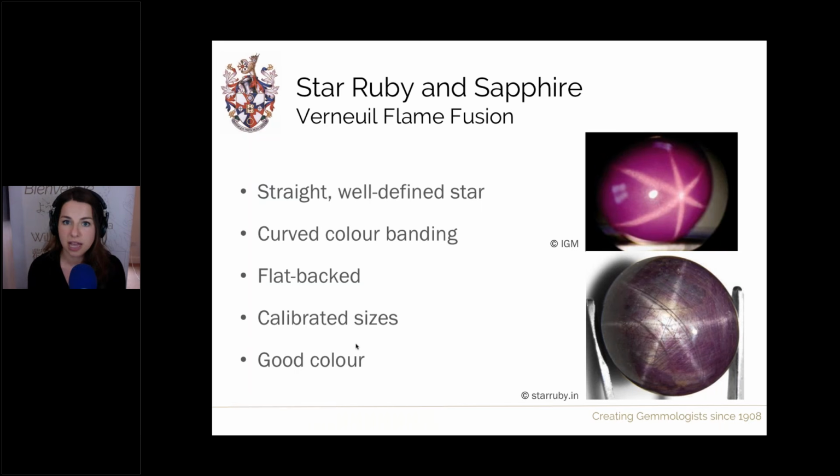natural star rubies and sapphires cannot be heat treated to high temperatures. The reason for that is what's causing the asterism is the rutile needles. And if you heat these up to too high temperatures, then these needles will dissolve and dissipate, so ruining or removing the star completely.